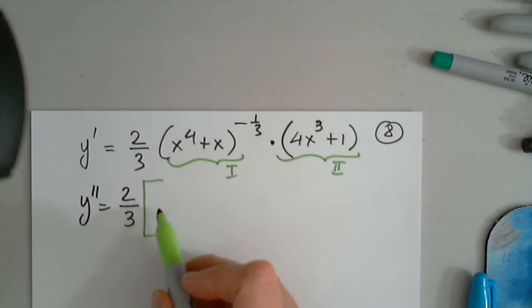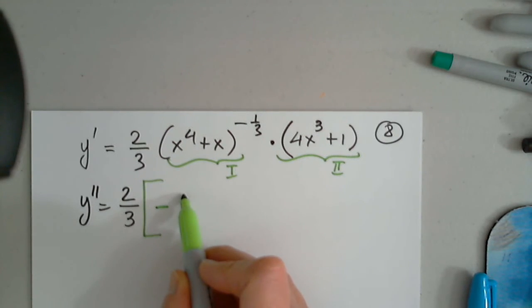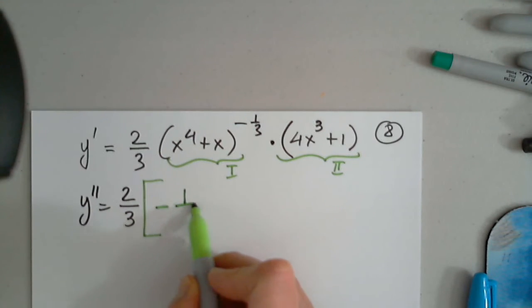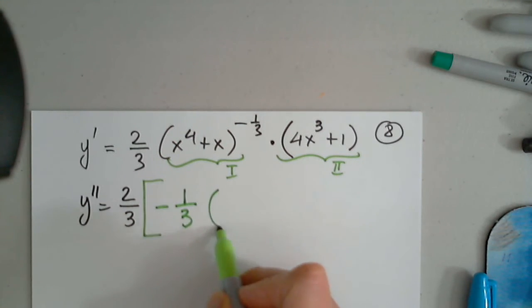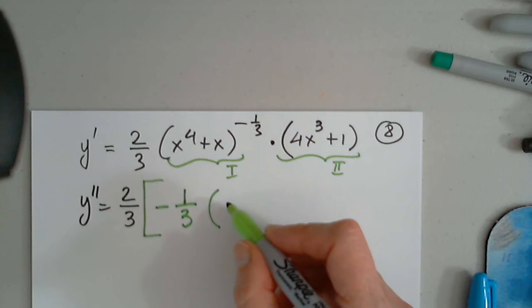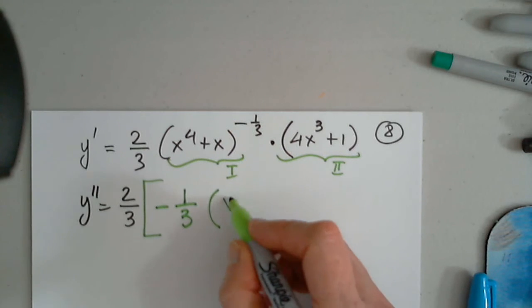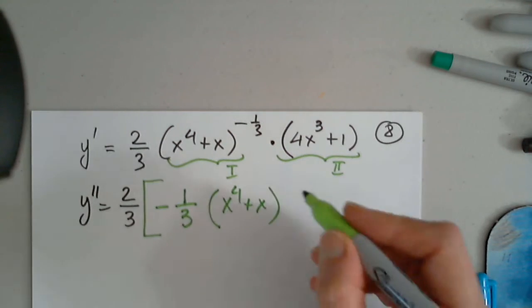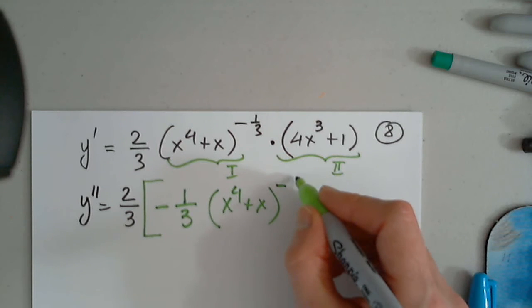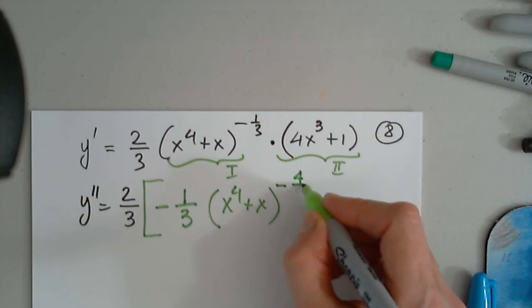Anyone? X to the 4th plus x, and then it would be to the power of -4/3.